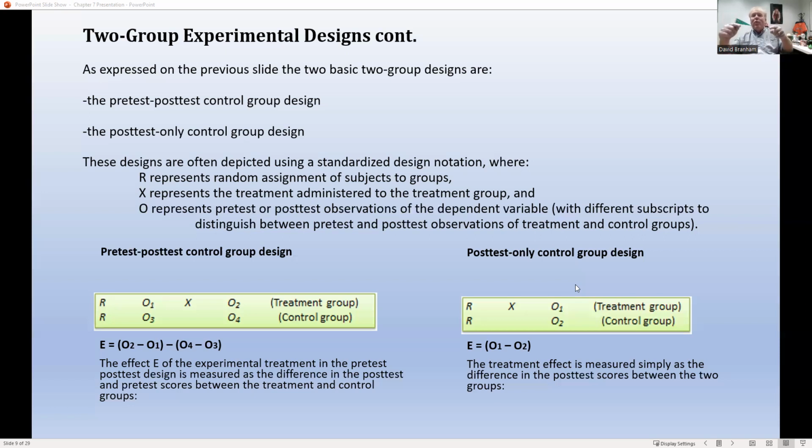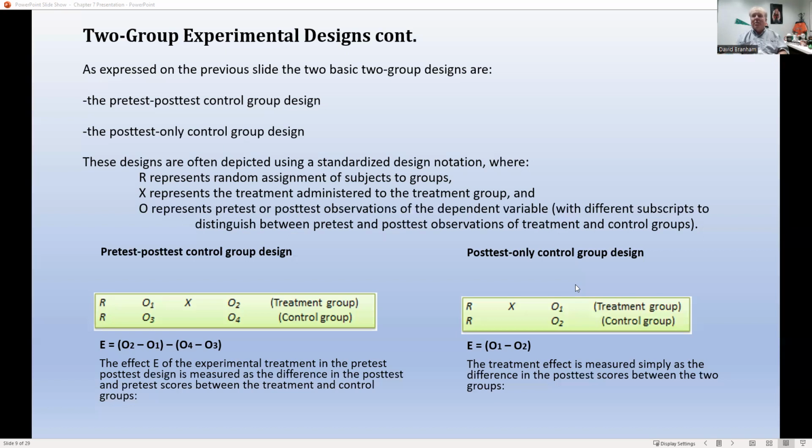Then O2 and O4 are the measures of the dependent variable after the treatment. Now, if everything is steady and nothing changes, O3 and O4 will be the same. And then O1 and O2 will be different, if your hypothesis is right, because they're getting the treatment.